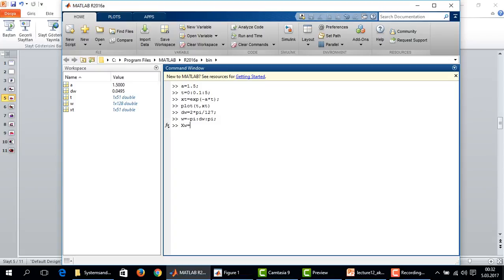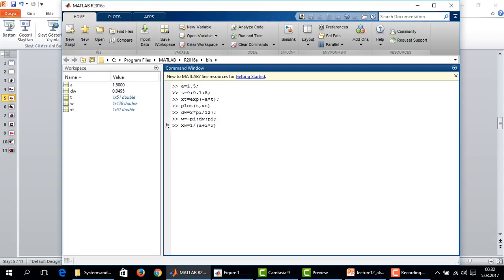From the previous slide we remember that X of omega is 1 over a plus j omega. Here the complex number j is denoted by i in MATLAB, i times omega.